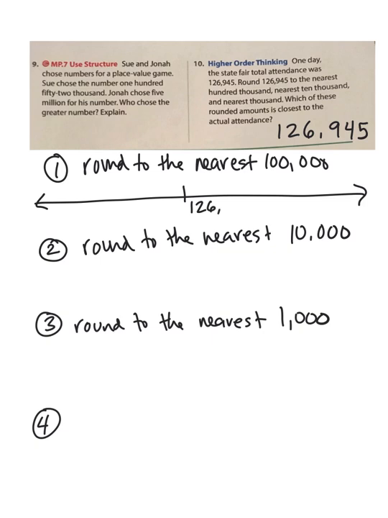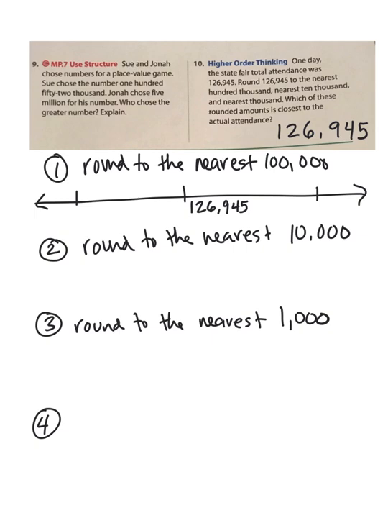So we've got 126,945. And then I think about 2 additional locations on the number line. If I'm rounding to the nearest 100,000, I take my location that I'm working with and I try to kind of hop upwards to the next 100,000, or move backwards to the smaller 100,000 location.